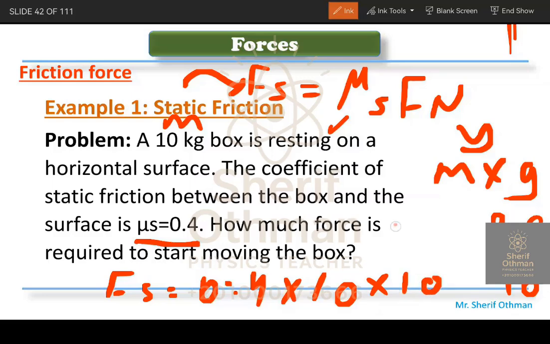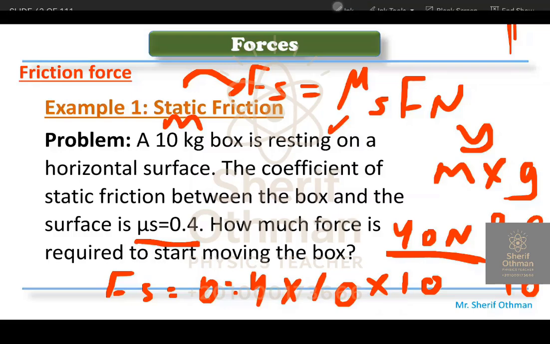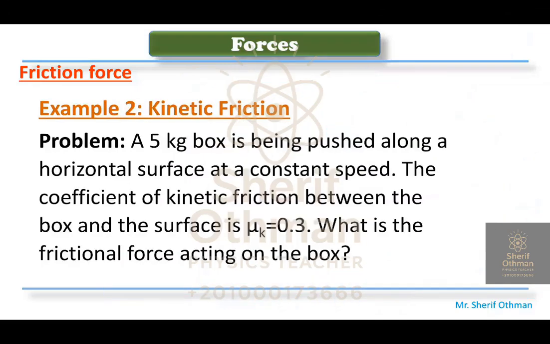So the answer will be 40 Newtons. So any force greater than 40 Newtons will make the object start to move. Another problem, try to solve it by yourself, guys.